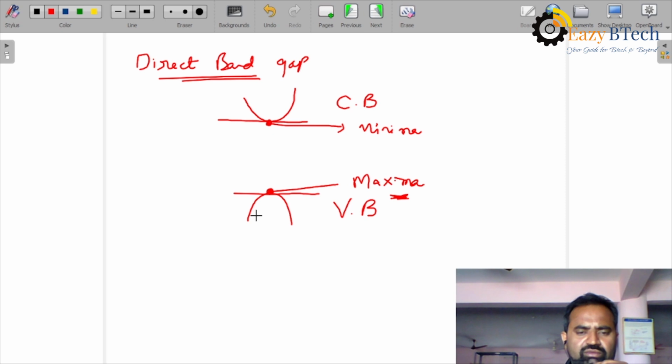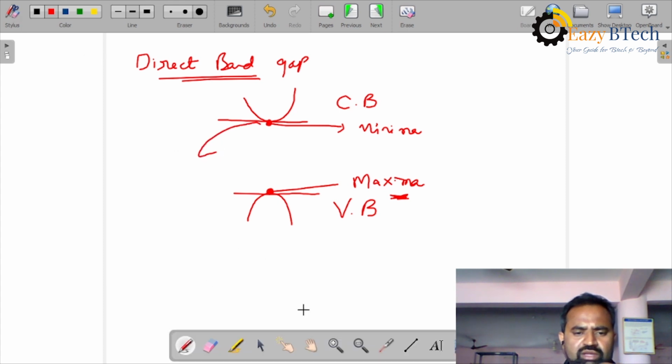Now when an external voltage is applied, an electron from the valency band reaches the conduction band. After its lifetime, the electrons in the conduction band move in a straight path.